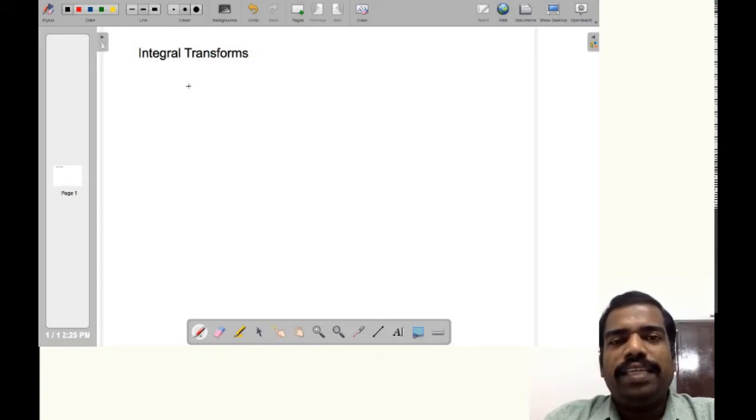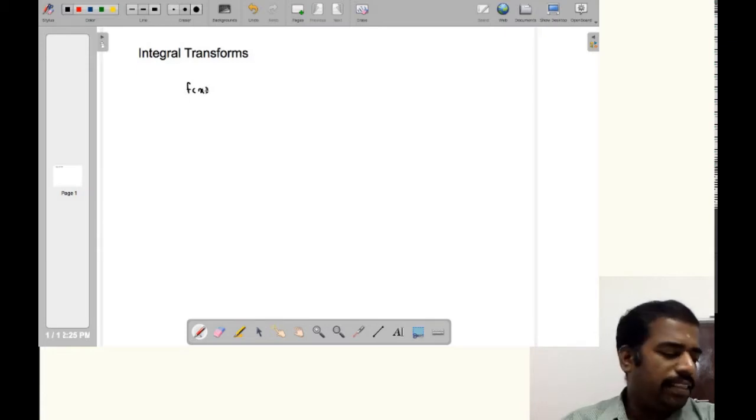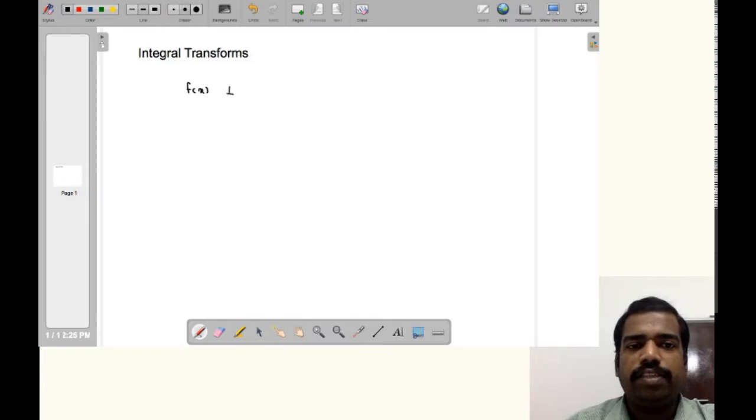We can write the integral transform of a function f of x in this manner, and it is given by f of s.